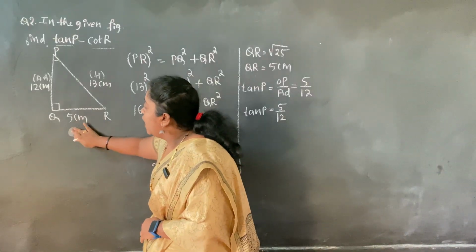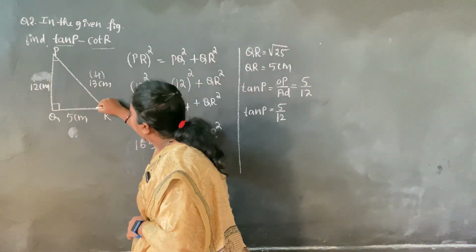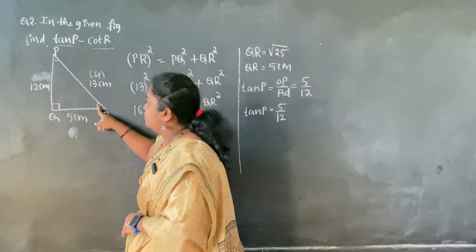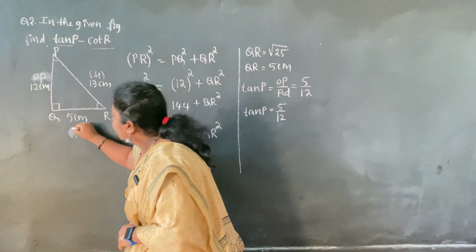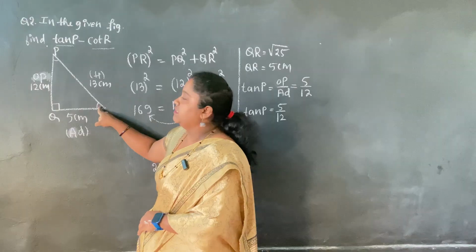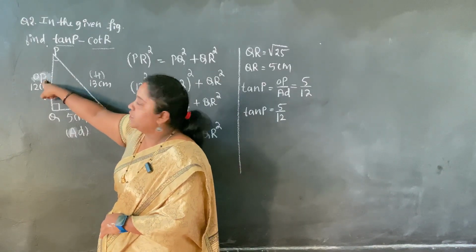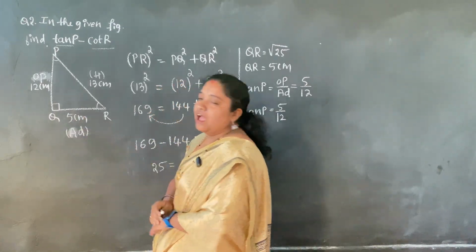Okay, now dear, I need to find the value with respect to cot R. Now what I'll do, I have to consider the diagram with respect to R. Now with respect to R, this will become the opposite side and this will become the adjacent side. Why? Because the considered angle is R, and the side which is opposite, that is PQ, and the side which is adjacent, that is RQ.